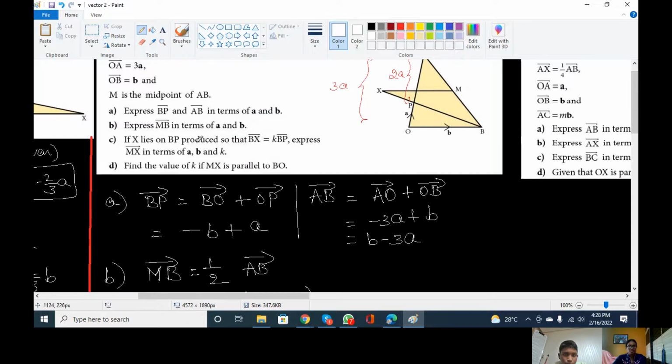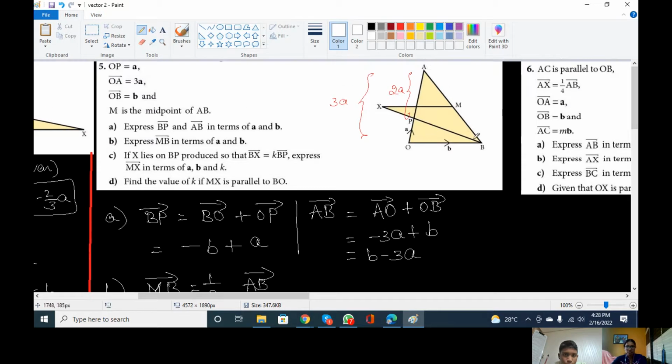If X lies on BP, B to the P, X is also there, such that BP produced so that BX is equal to KBP. KBP means K is some constant, some times of BP. Okay, express MX in terms of A, B and K. So listen carefully, this is how we can write with this constant.